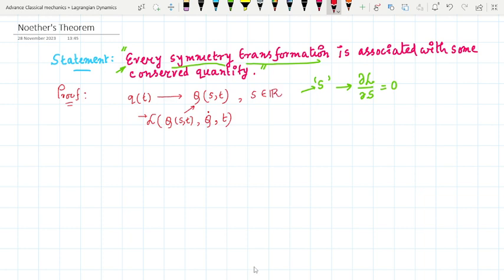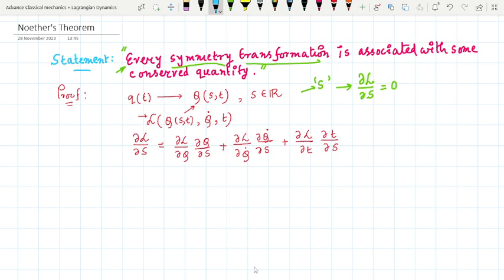Now we are going to estimate the variation of the Lagrangian with respect to this physical quantity. We apply the chain rule: dL/dS equals del L del Q times del Q del S, plus del L del Q dot times del Q dot del S, plus del L del T times del T del S. Now we can conclude that del T del S should be 0, because Q is a function of both S and T, which are independent of each other.